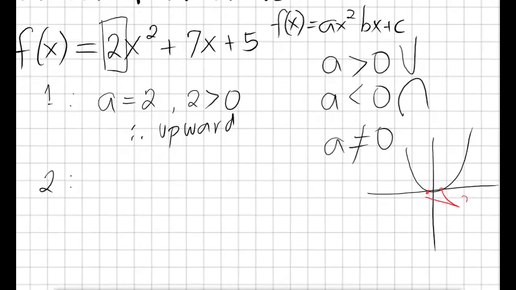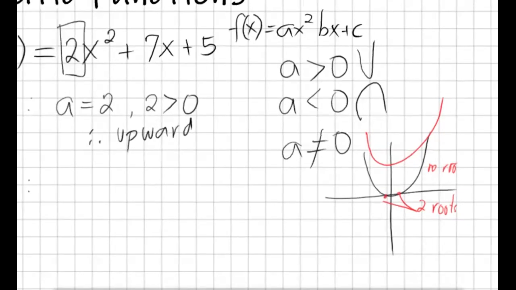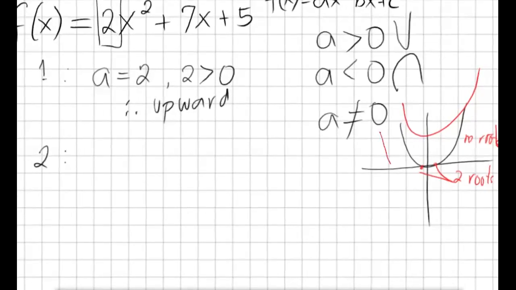So this is 2 real roots. If the parabola is just like that, this is no real roots. And if the parabola touches the x-axis at exactly 1 point, then that is 1 real root.